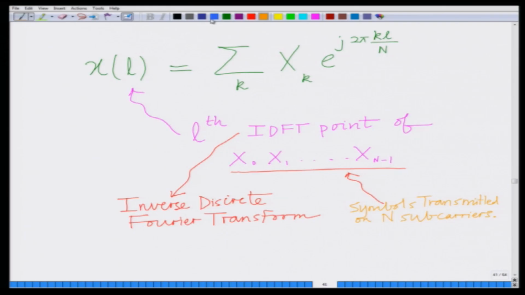This is one of the key principles of OFDM. I look at the symbols X0, X1 up to X N minus 1, which correspond to the N subcarriers.